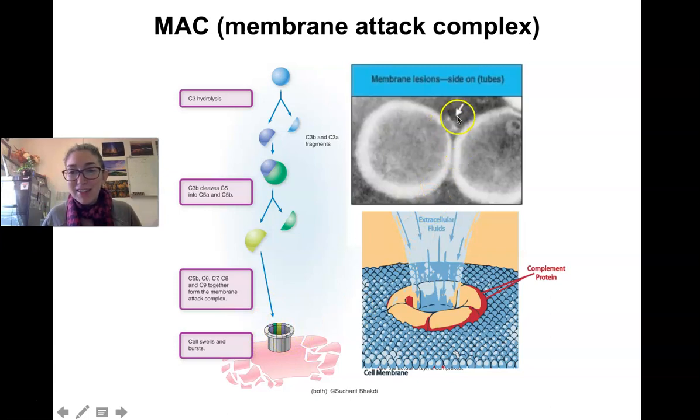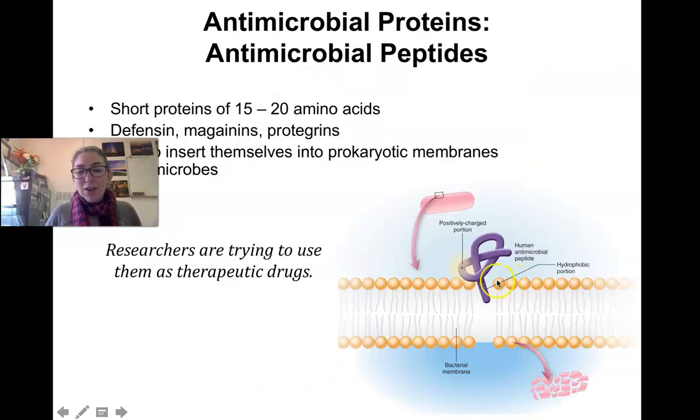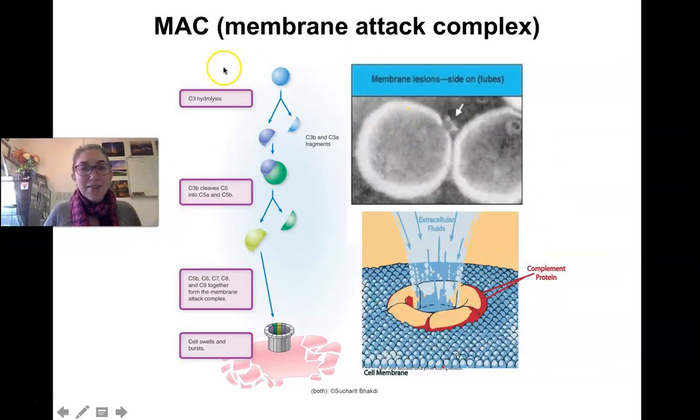You can see it in this electron micrograph here, and it just stabs bacterial cells and then pops them, essentially. It makes giant holes in their membranes, and fluid starts leaking out of the cells and they die, or fluid starts entering the cells and they burst, either way. So I call that a MAC attack, the membrane attack complex.